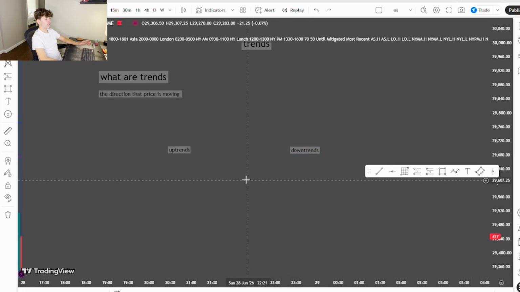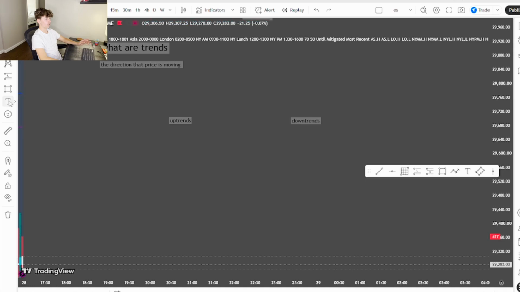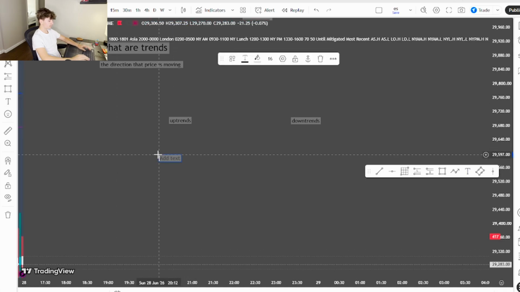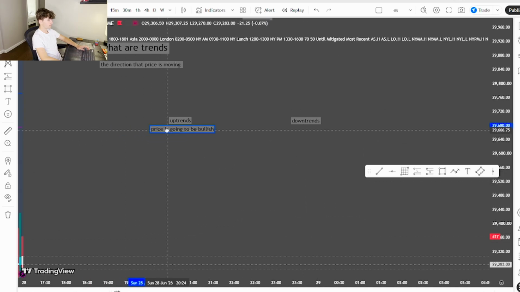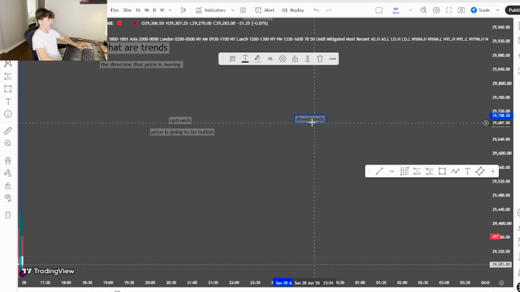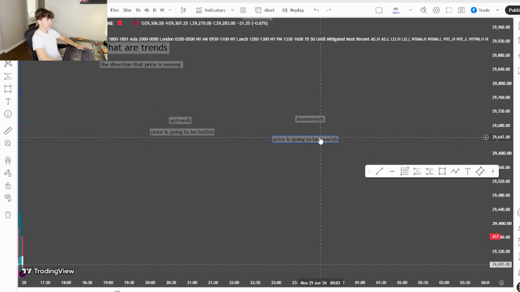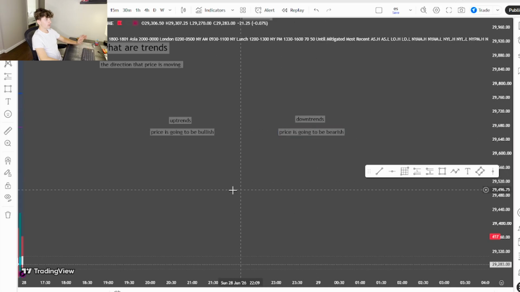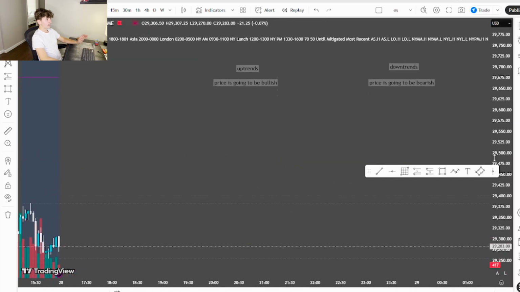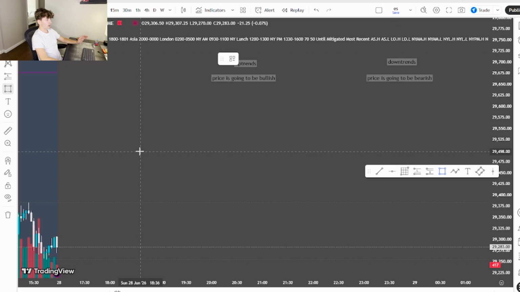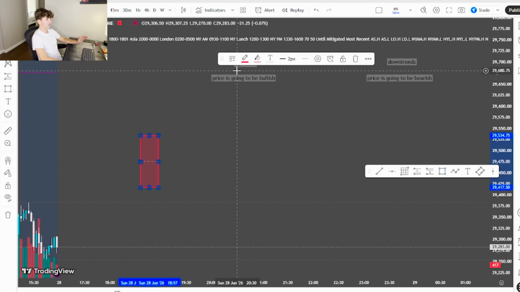On an uptrend, we know that price is going to be bullish. On a downtrend, we know that price is going to be bearish. So when you have an uptrend, it is a lot of bullish candlesticks.